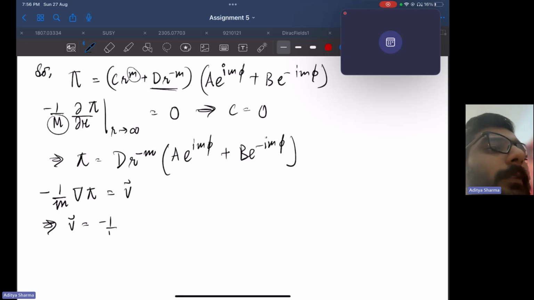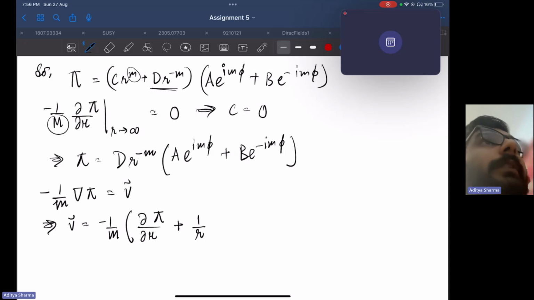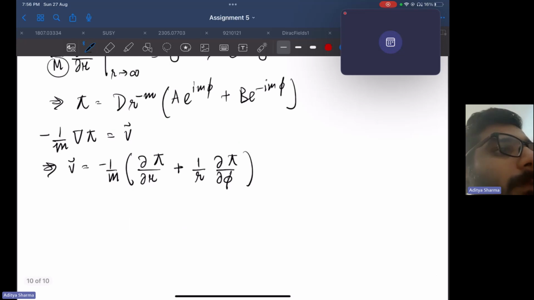In polar coordinates this is 1 by m del r phi plus 1 by r del del theta phi. This is going to be minus 1 by m.